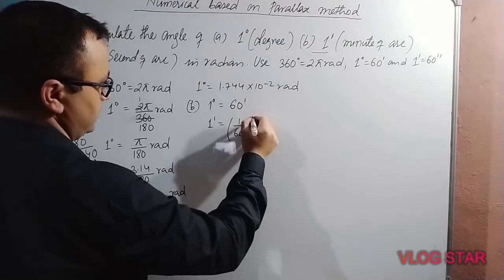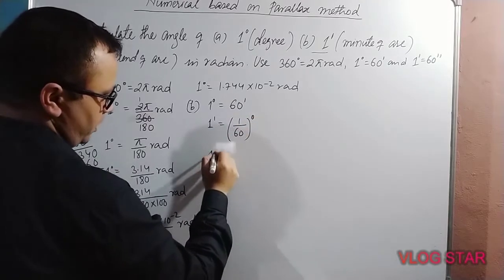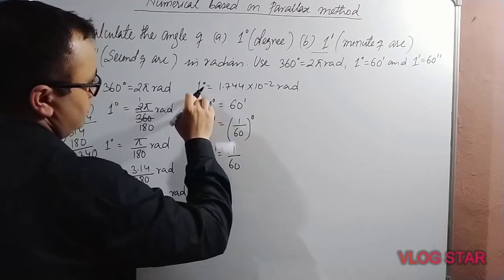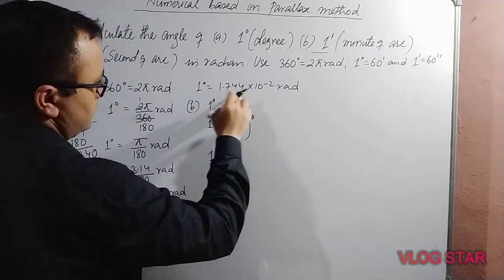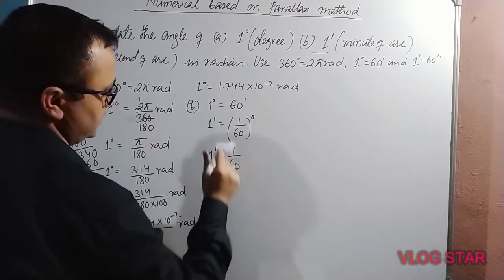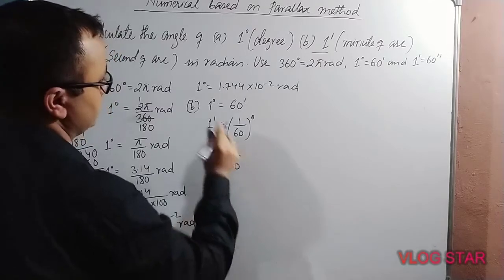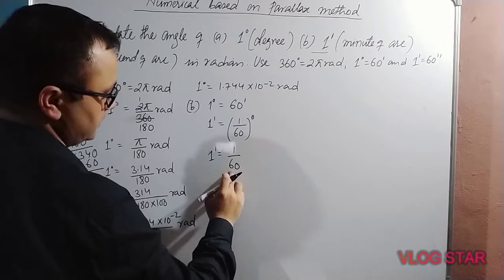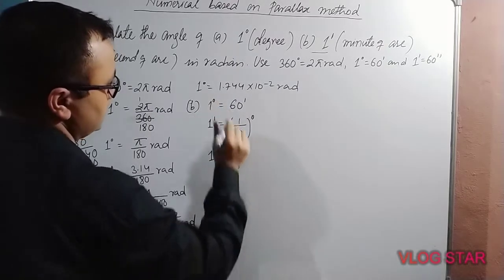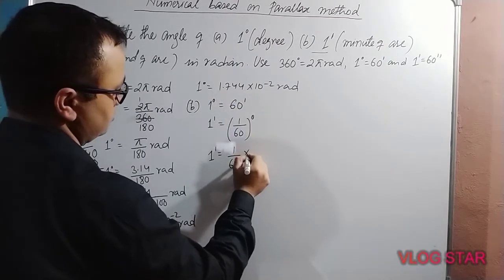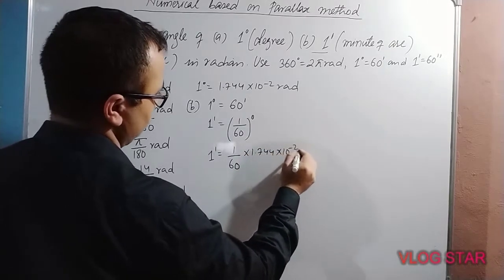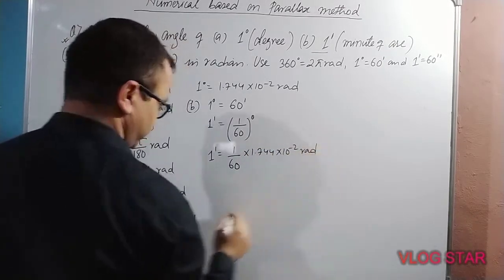So 1 minute is this radian. So 1 by 60 degree, 1 degree is this radian, so 1 by 60 degree is 1 by 60 into 1.744 into 10 to the power minus 2 radian.